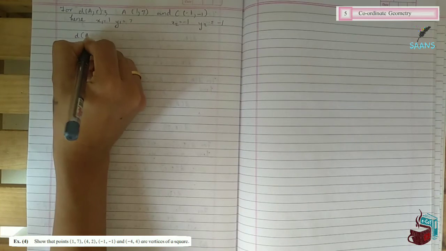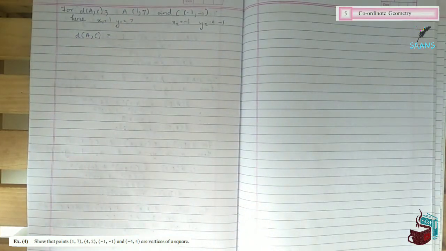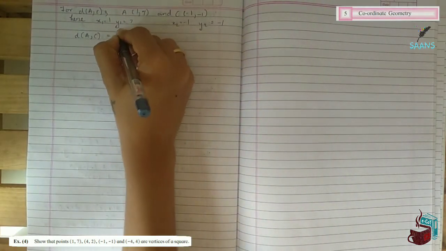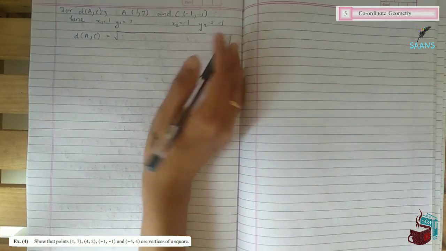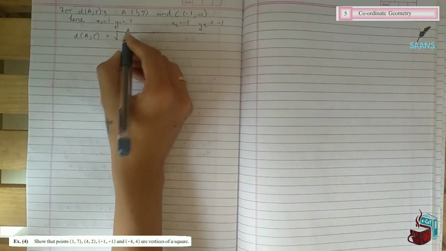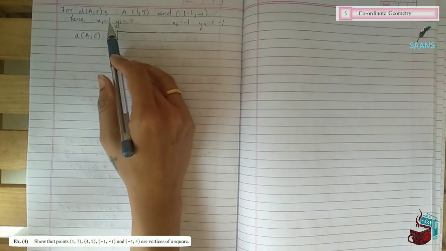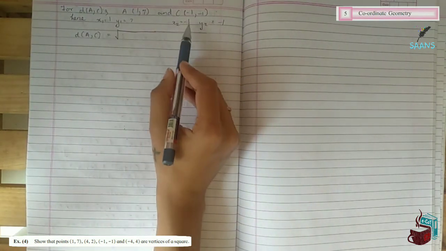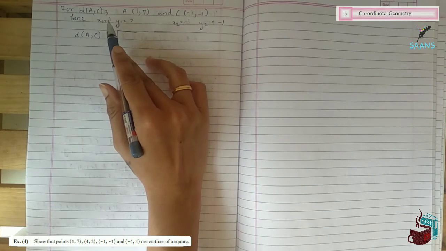Therefore distance A comma C is equal to, see kids, I have not written the distance formula, but please try to write it. The videos are becoming very long and I'm not able to do all the sums, so please try. So here x2 minus x1, minus 1 minus 1 the whole square.